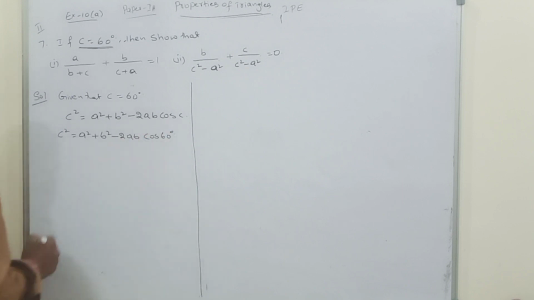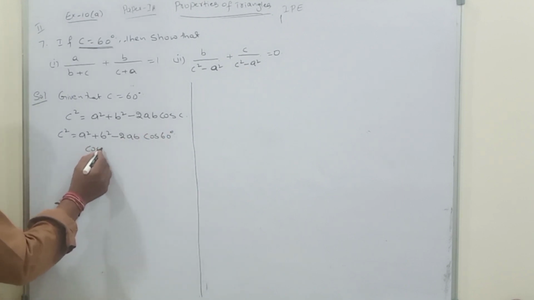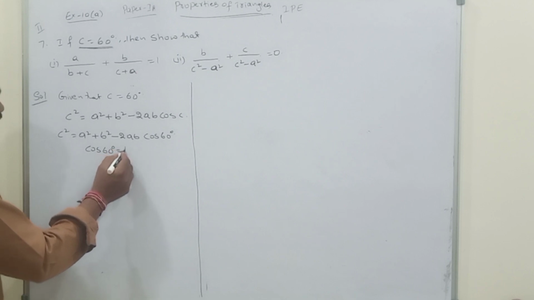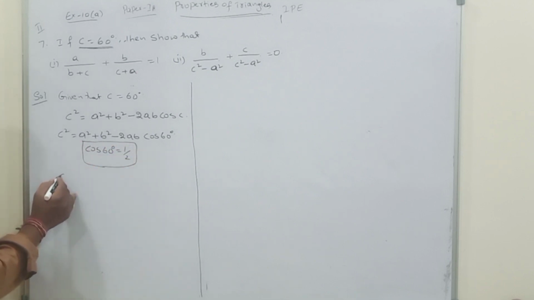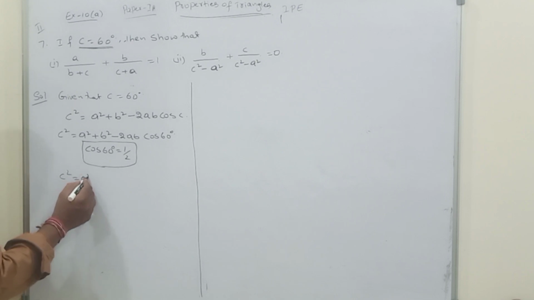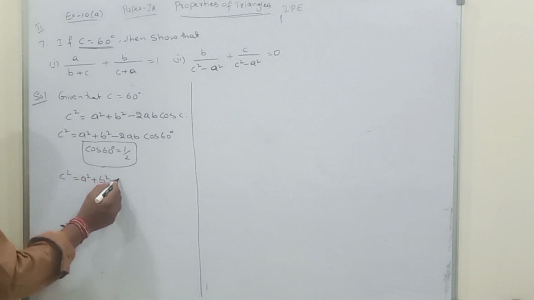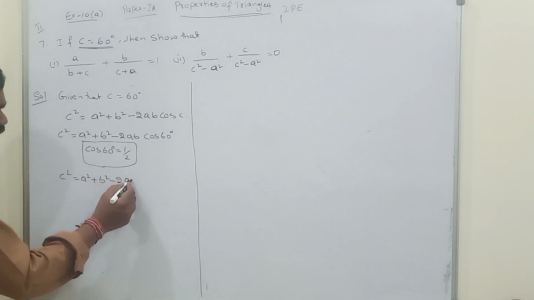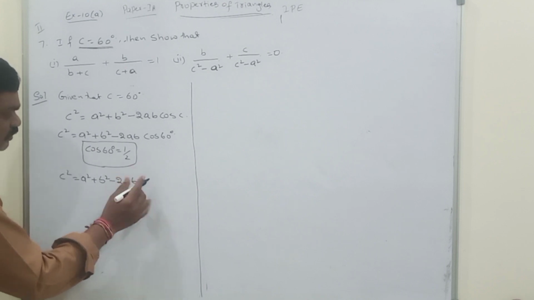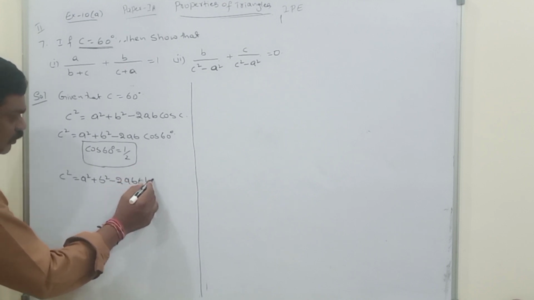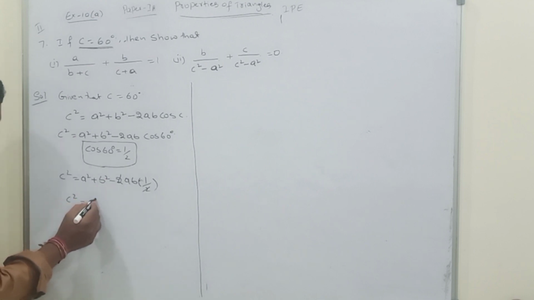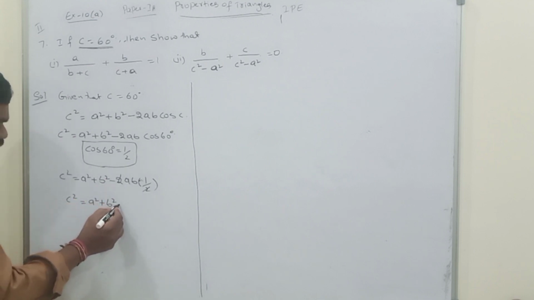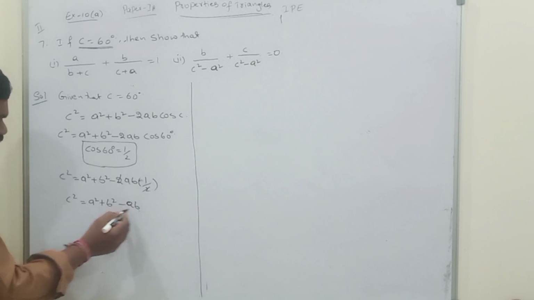So what is cos 60 degrees? Cos 60 degrees is equal to 1 by 2. We know this one. And C square is equal to A square plus B square minus 2 into AB into 1 by 2. 2 cancel. Then C square is equal to A square plus B square minus AB.